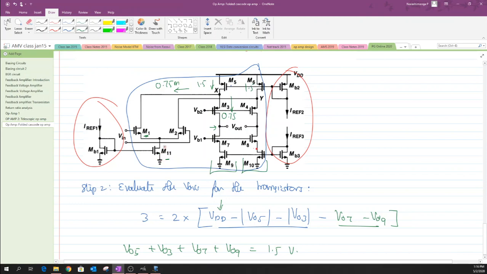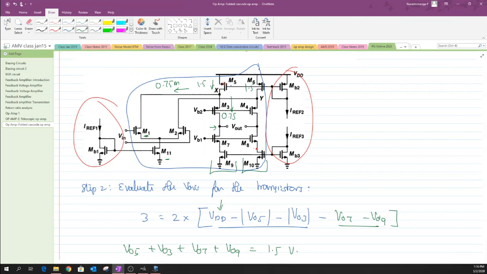Okay, and this is the current flow that we are trying to fix in these transistors. And right now you could see that the transistor M5 carries most of the current.